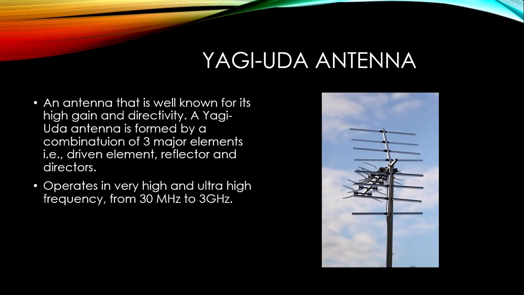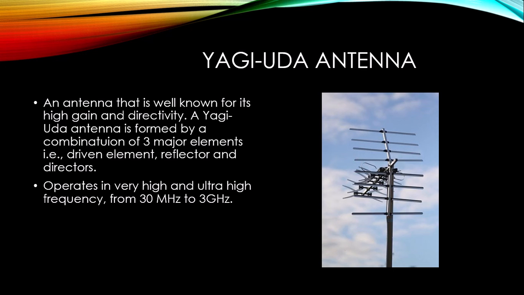Okay, so let's discuss the Yagi-Yuda antenna. This is a commonly and well-known antenna. From the name of it, it came from Japan. The Yagi-Yuda antenna is well known for its high gain and directivity.